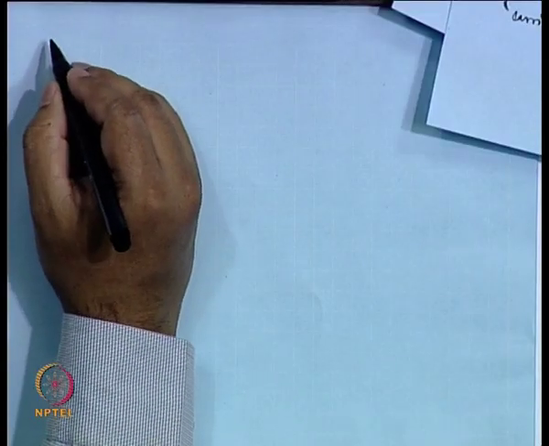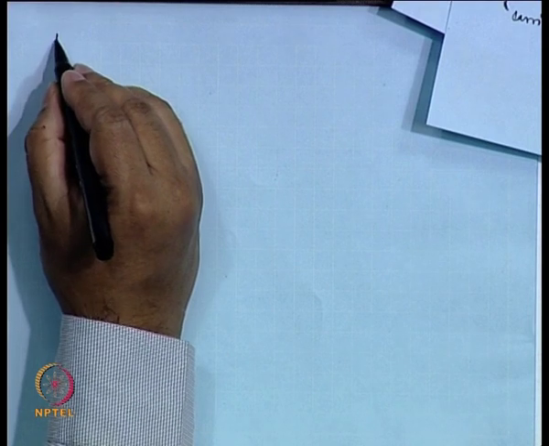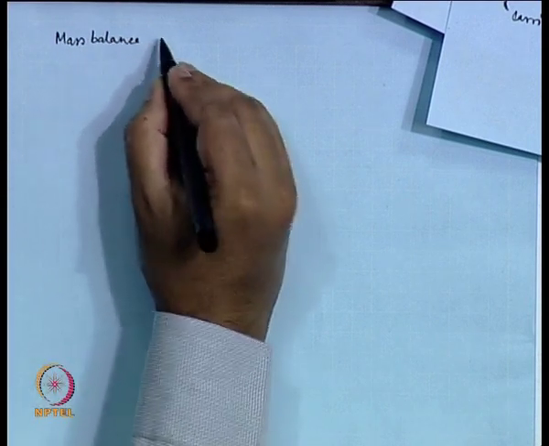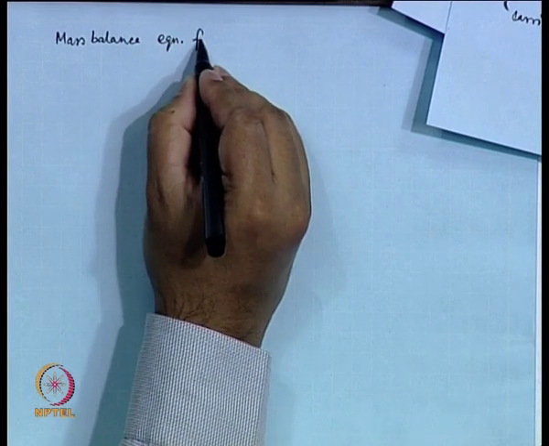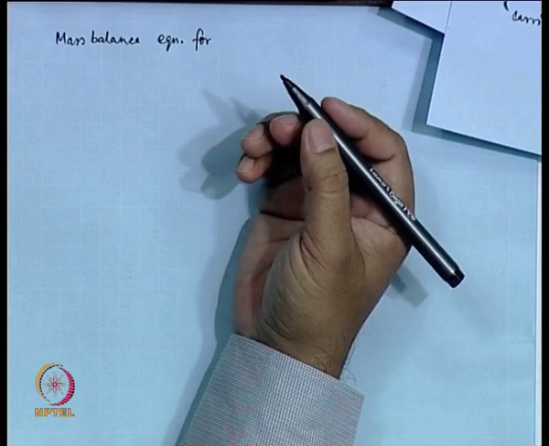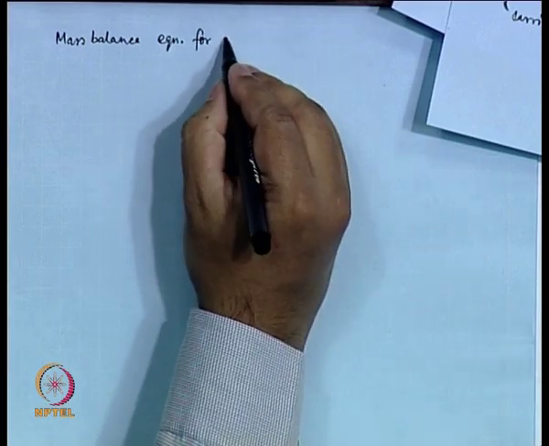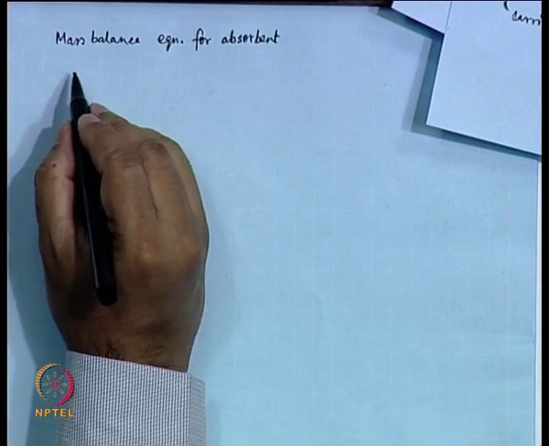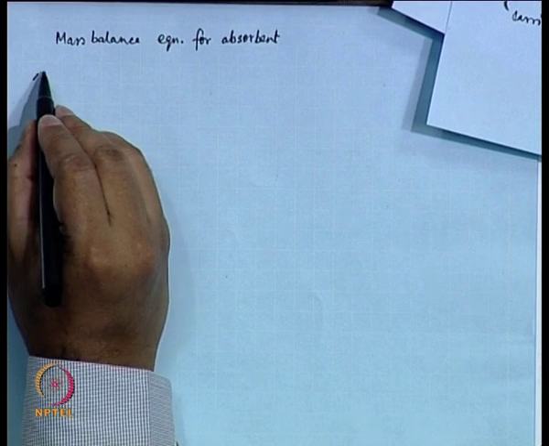What you have is another differential equation for the adsorbent phase. So, you write the second mass balance equation for the stationary phase, or you can call it for the adsorbent. One for the mobile phase and the other for the stationary phase. What all are you considering here?